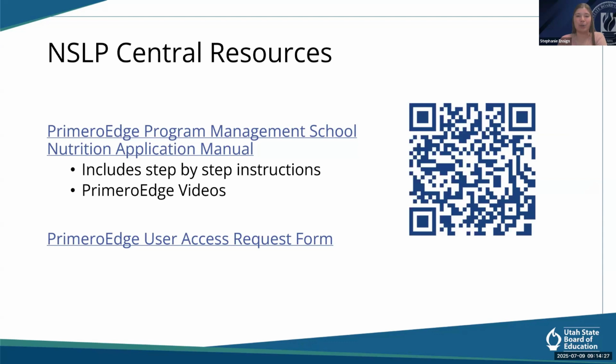All right, so we are going to go through some of the resources that we have provided for you. The first thing, everything is posted on NSLP Central. So I'm going to switch over to NSLP Central really quickly.